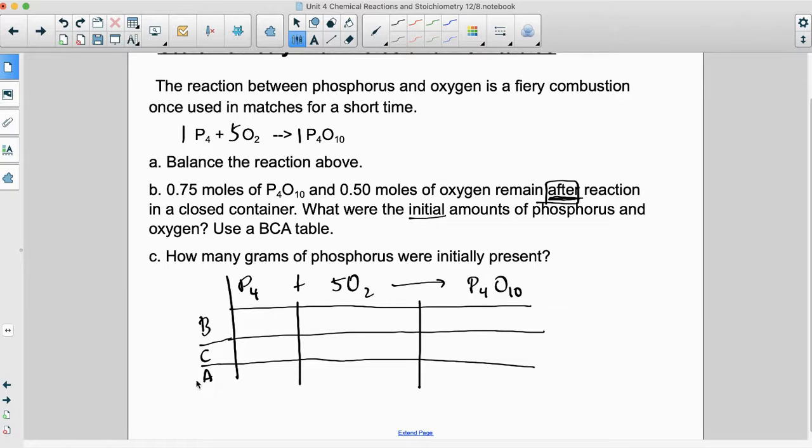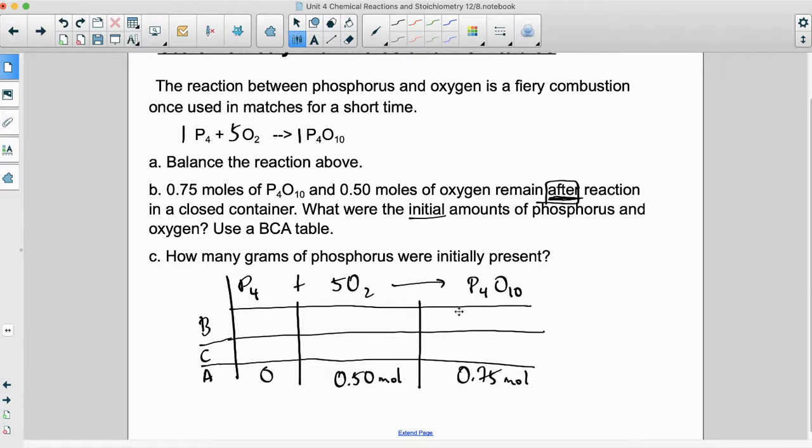We've got the products this time, not the reactants. Okay, so we want to put in here the 0.75 moles. And we want to put in 0.5 moles here for the oxygen. And 0 here, right? There's none of this left. It doesn't say anything about P4.